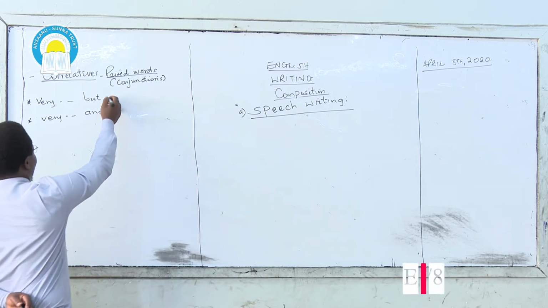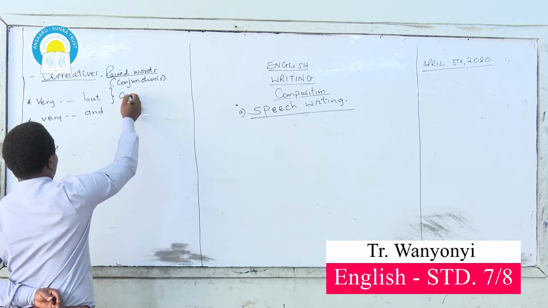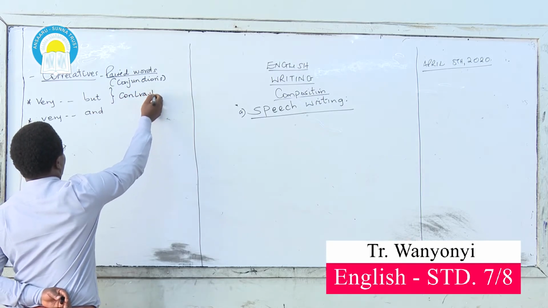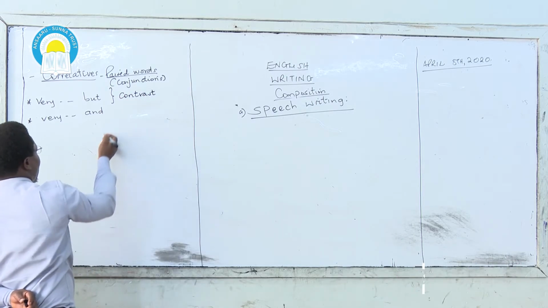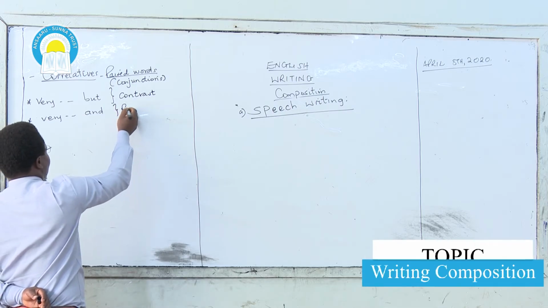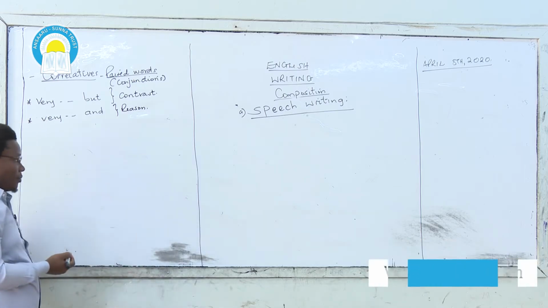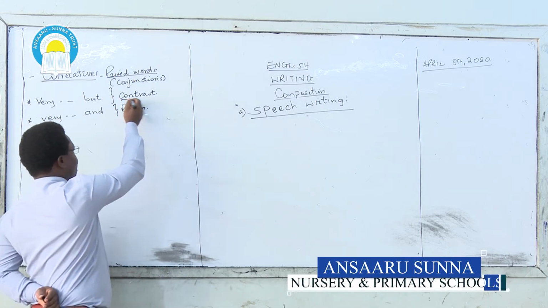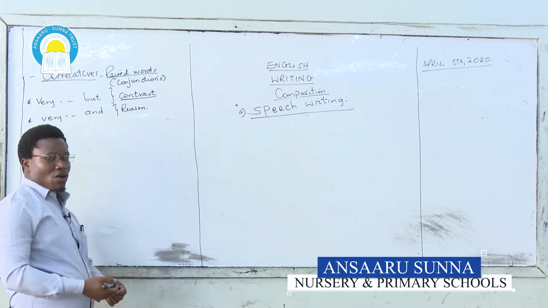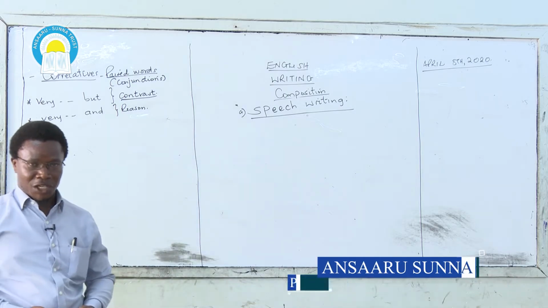So, 'very but' is used when you are referring to contrast. 'Very and' is used when you are referring to the reason. Contrast in simple language means going against the expectations.